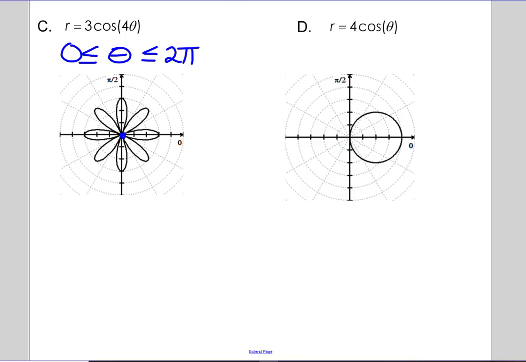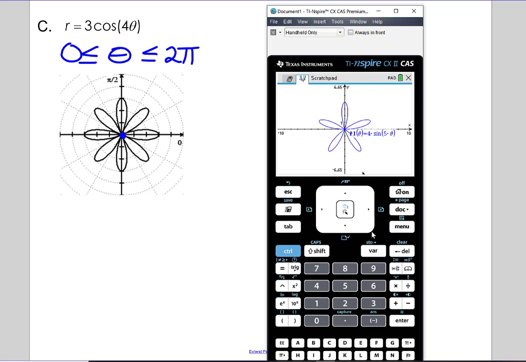And for cosine, that's going to be 0 at pi over 2 and at 3 pi over 2 plus 2 pi n. So this one, I believe, if you look at the graph with me, just for a little different approach here, going for cosine theta.